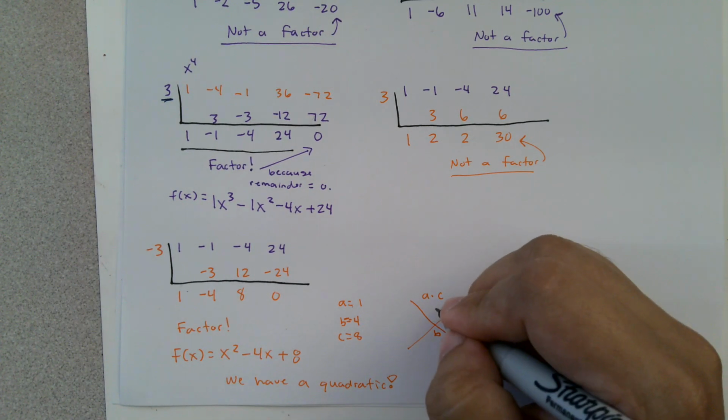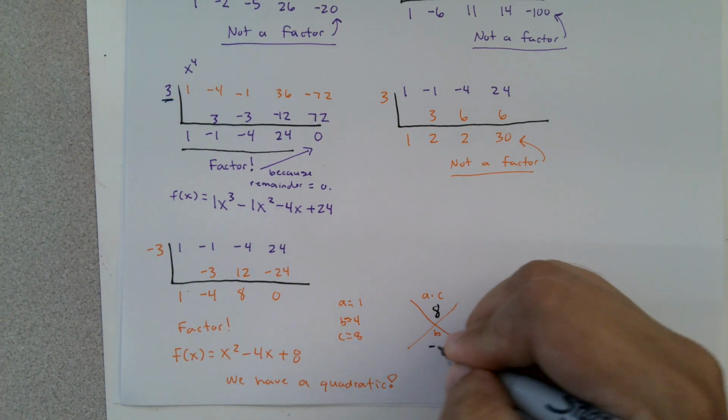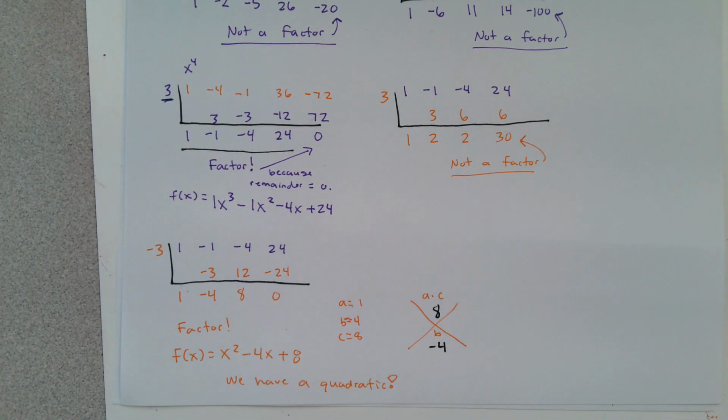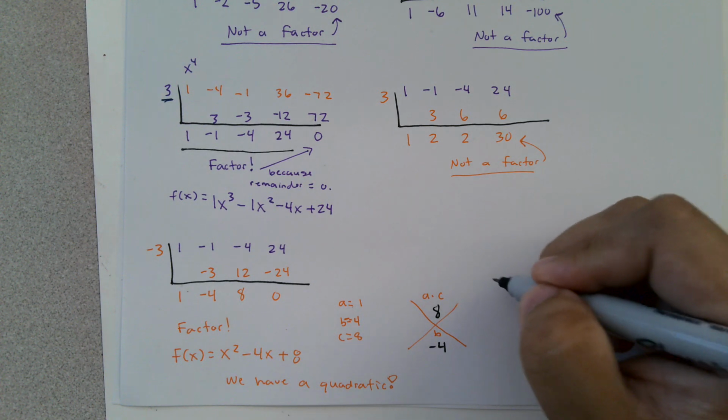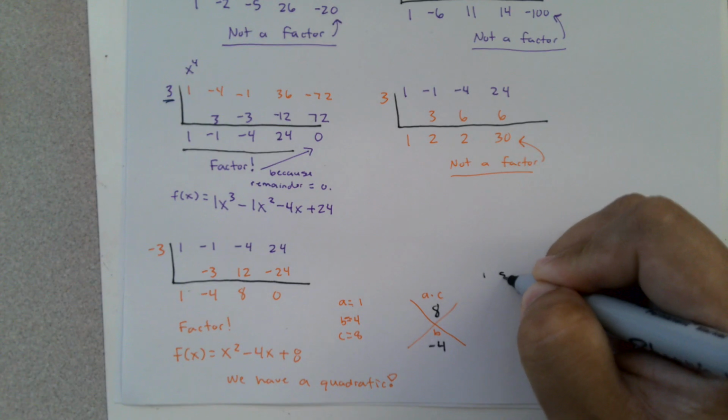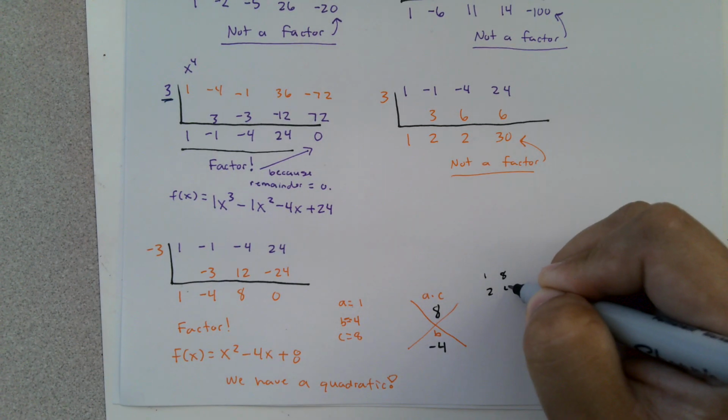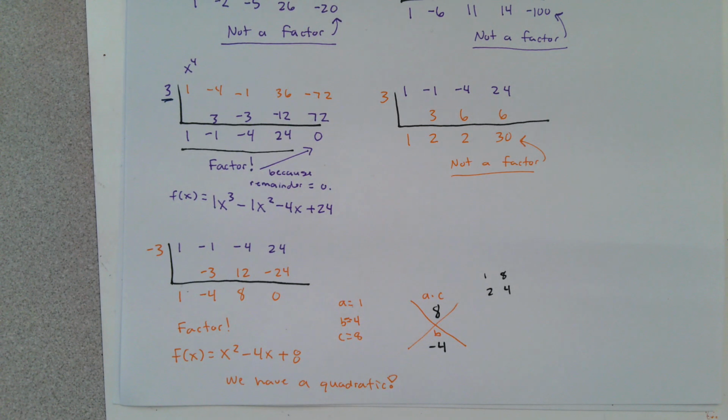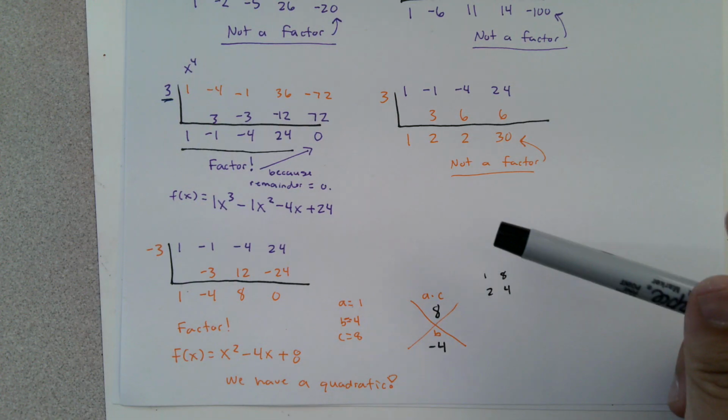We need a number that multiplies to 8 but adds to -4. Our options are 1 and 8, 2 and 4. Can we get -4 using these numbers?